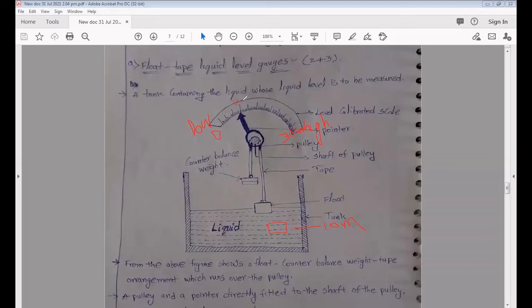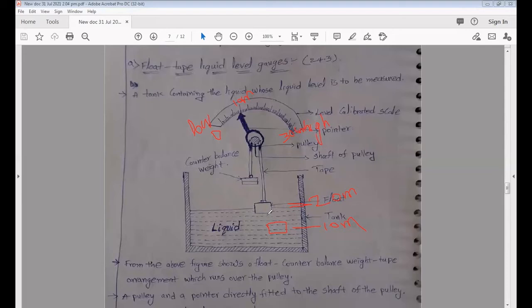If we increase the water head level in the tank, the float will move in the upward direction. When we fill more liquid, it will reach a certain maximum point, say 20 meters, and that 20 meters will be measured by the graduated scale.